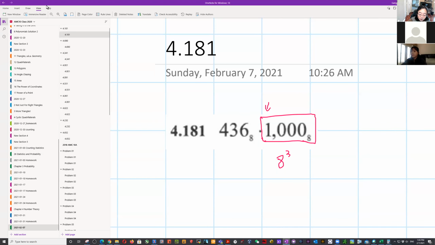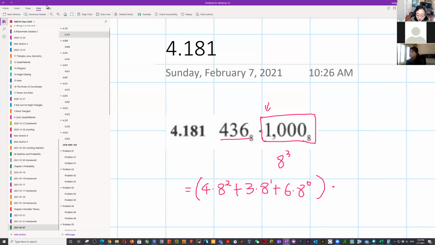power to each digit, because this number could be written as 4 multiply 8 square plus 3 multiply 8 first plus 6 multiply 8 to the 0.